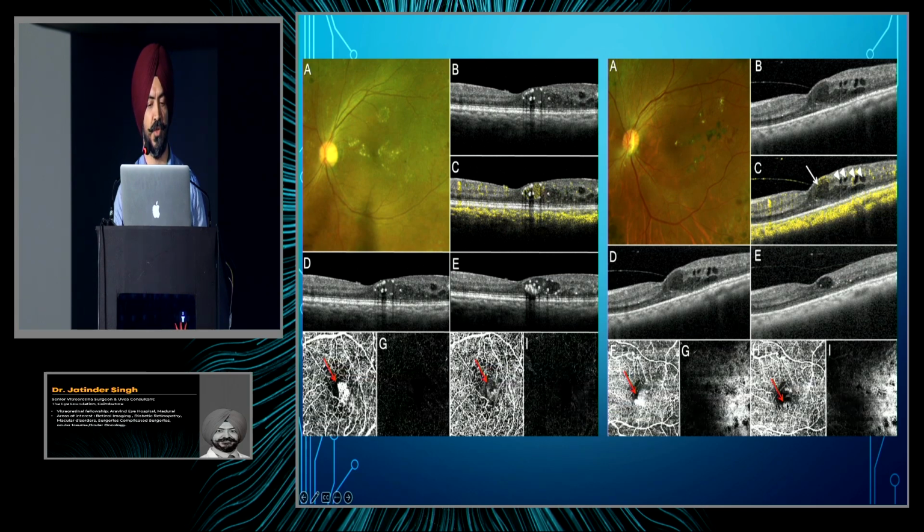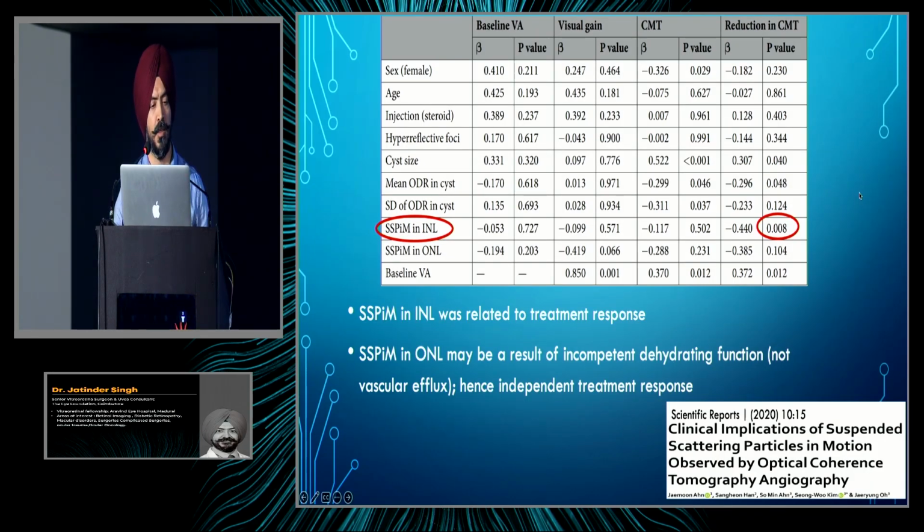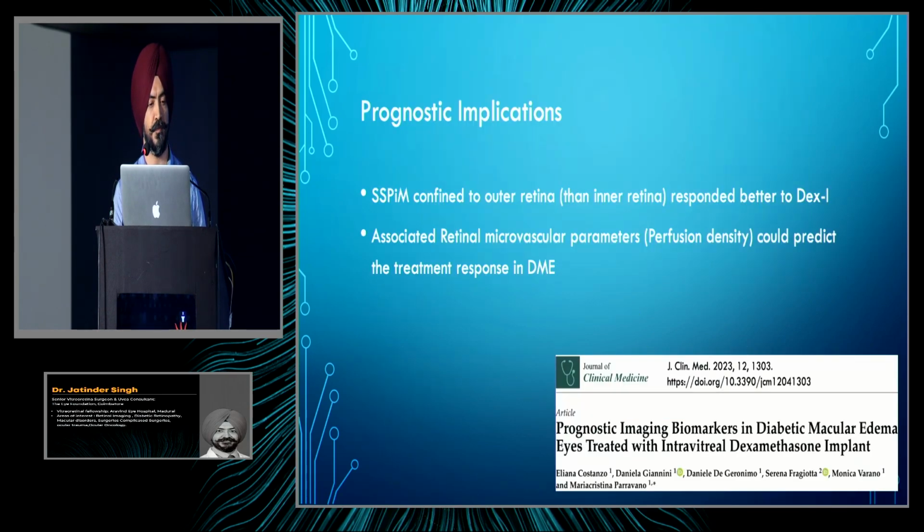And on the right picture, you can see the cyst reduced in size, and the decorrelation signal also reduced in size, but did not completely disappear, unlike the hyperreflective cyst. SPiM in the nerve fiber layer was more associated with a good therapeutic response as compared to the outer nuclear layer SPiMs.